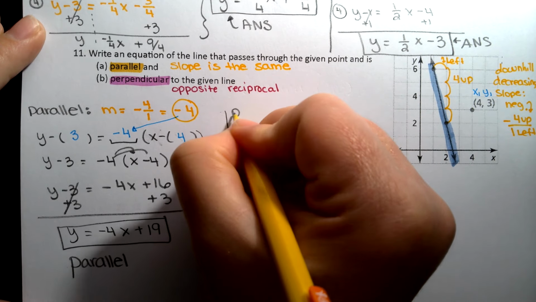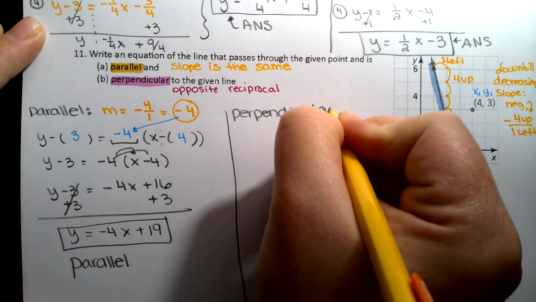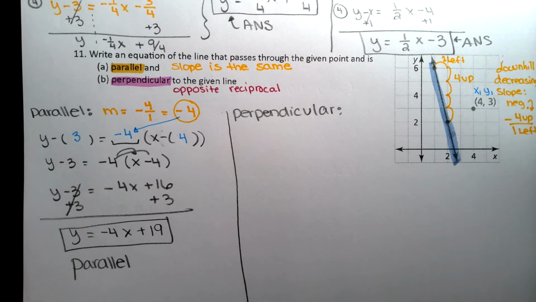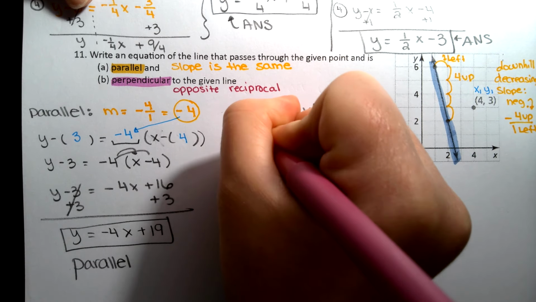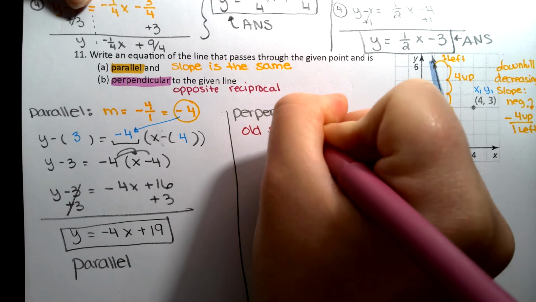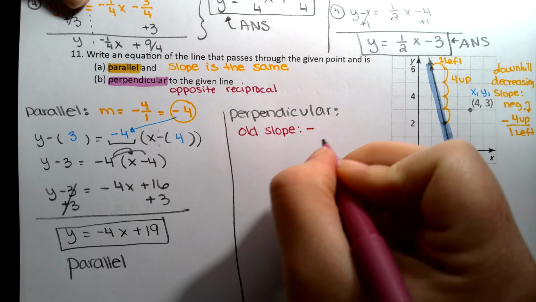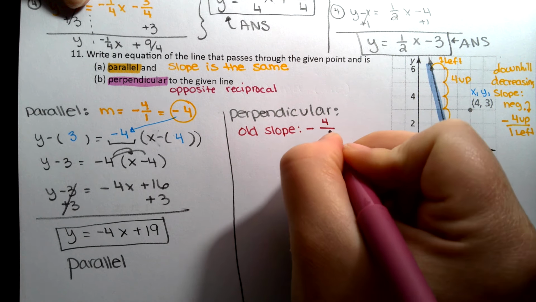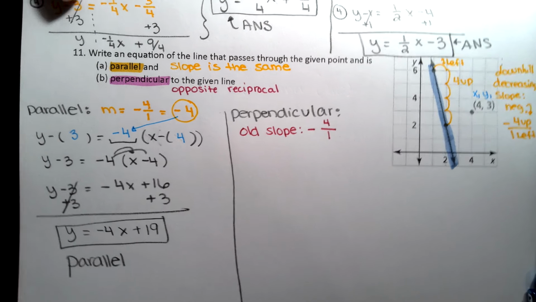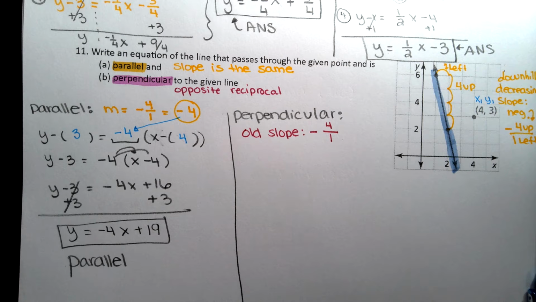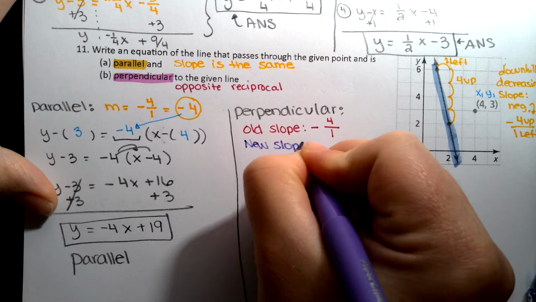Now for the perpendicular. Perpendicular has that question of what is the old slope? Well, the old slope, we went decreasing function, so negative. Then we went 4 up, 1 over. And we need to create a new slope, which is opposite.